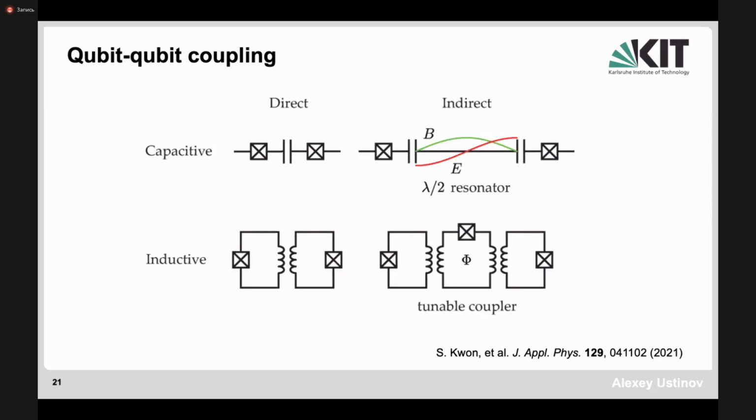This is again direct coupling, but now inductive, not capacitive. But there is also a way to make the coupling indirect, and this involves something in between the qubits. The advantage is that one can, in principle, make this coupling tunable, such that you could switch the coupling off and switch the coupling on.